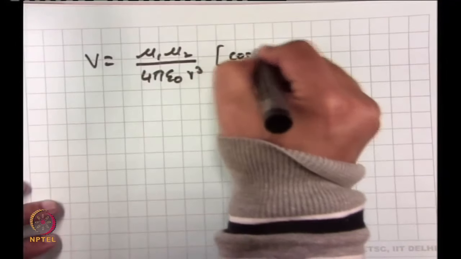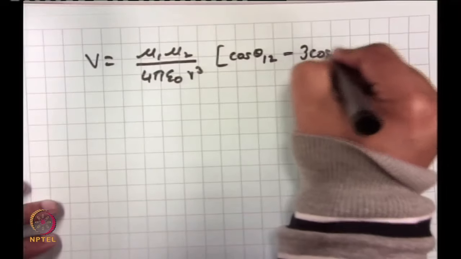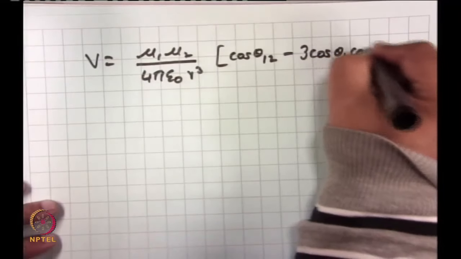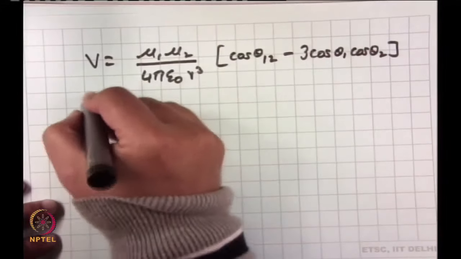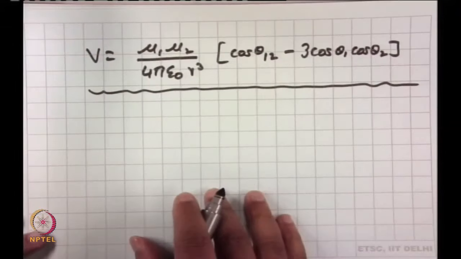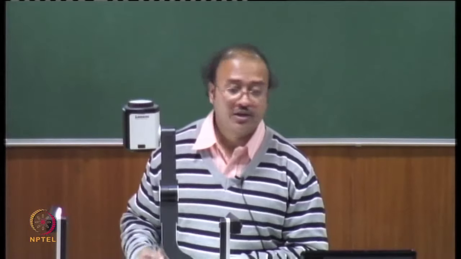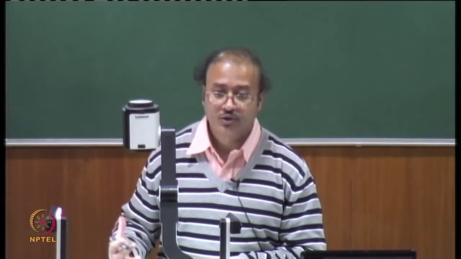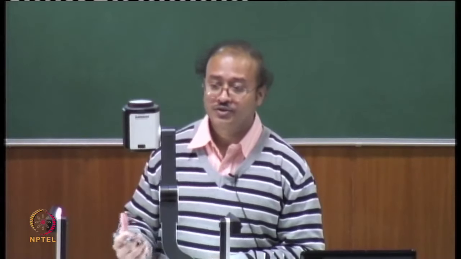Cosine of theta 1 2 minus 3 cosine of theta 1 times cosine of theta 2, right. So this is the most general expression you can have for two interacting dipoles making certain angles theta 1 2, theta 1 and theta 2 respectively. The definitions as we have discussed.